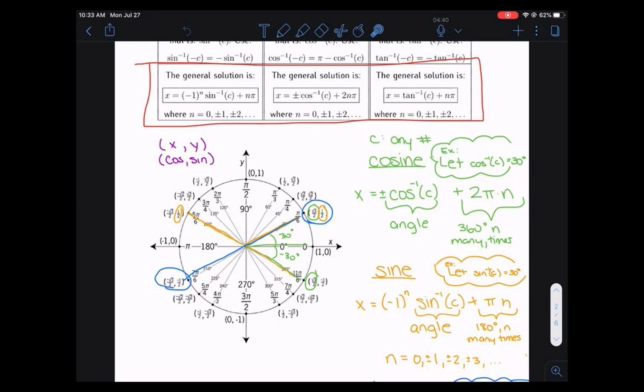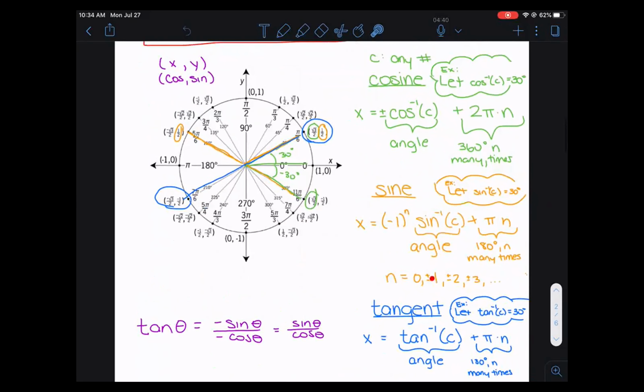Since they are on opposite sides, that's basically why they have the π. So that's how you can make sense out of this one. And n is basically just 0, 1, 2, 3, 4, +1, -1, -2, and -3. Basically any number. You can go around either frontwards or backwards as many times as you want.